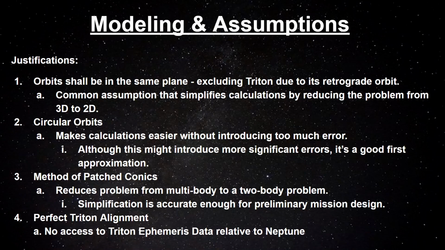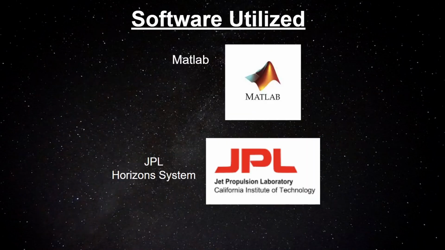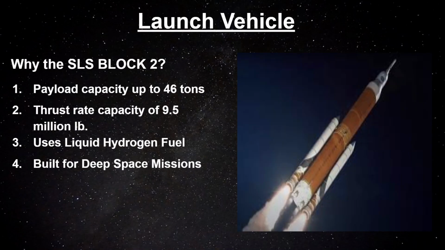With patched conics, we reduce the problem from multi-body to a two-body problem, just like the 3D to 2D simplification. This is accurate enough for preliminary mission design. We also assume perfect Triton alignment, using Triton's ephemeris data relative to Neptune. Software utilized would be MATLAB and JPL Horizons System.